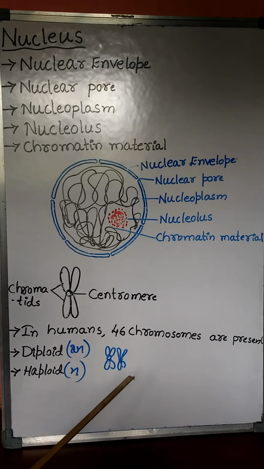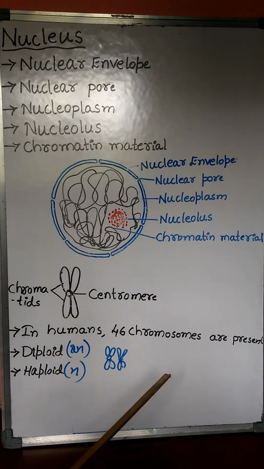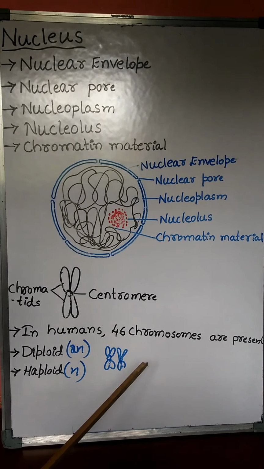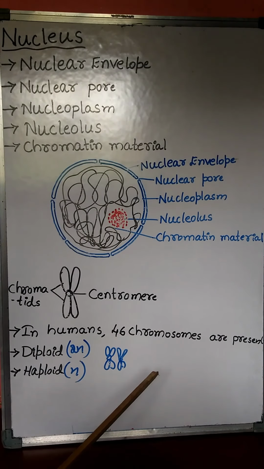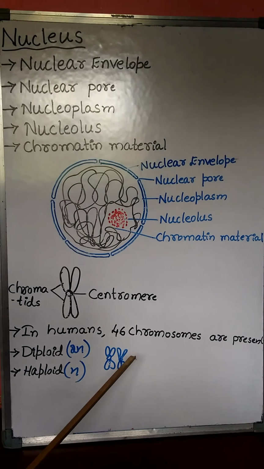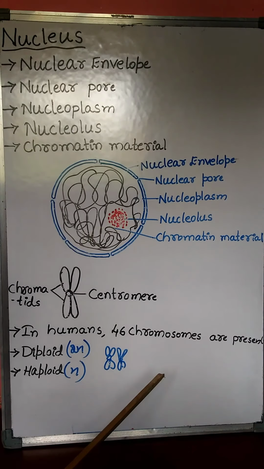In case of pea plant, Pisum sativum, 7 pairs of chromosomes are present. Then 4 pairs of chromosomes are present in Drosophila, which is also called fruit fly.